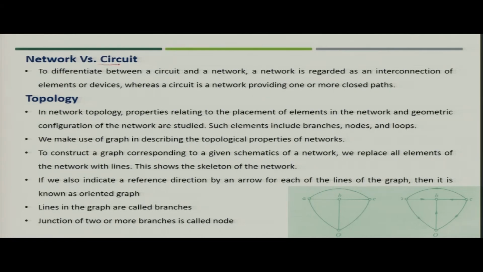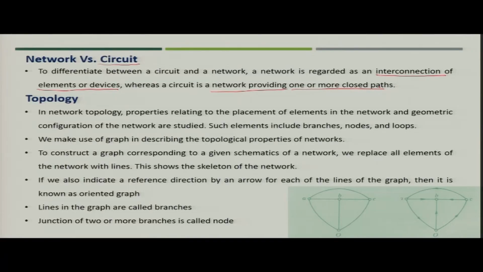Now, let us talk about the network. Till now we have discussed electrical circuits, not networks. So, what is the difference between network and circuit? The network is an interconnection of elements or devices. That means it is not necessary that it will create a closed loop. It can have closed loops, but there may be some open loops also. So, network is the broader term, while a circuit is a network which provides one or more closed paths.